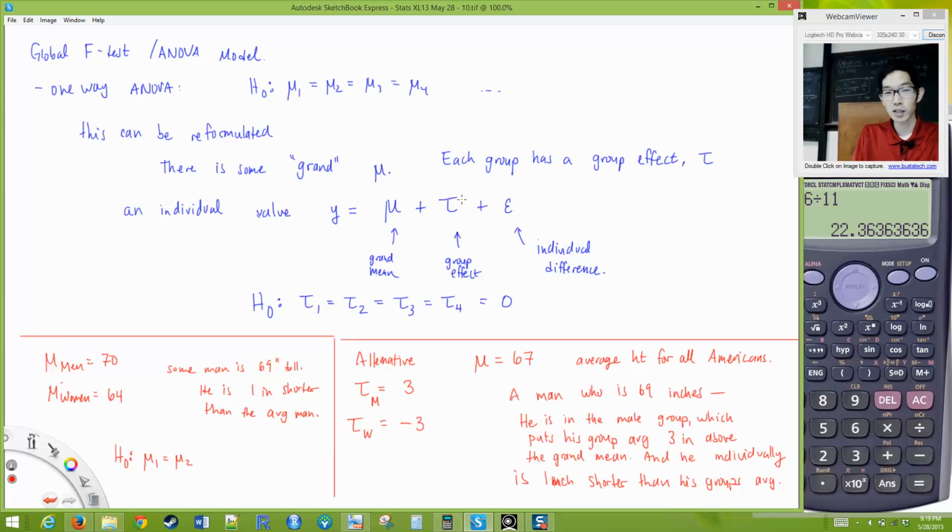And so this allows us for other models here. So for one-way ANOVA, it looks like this, but we could have randomized blocked ANOVA and maybe two-way factorial ANOVA, and I'll explain these. But I just want to make sure that this alternate formulation is okay, talking about group effects.